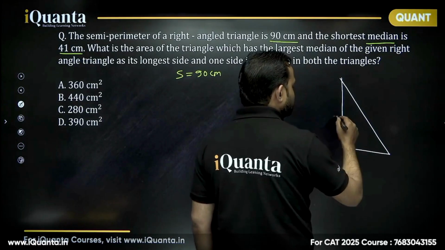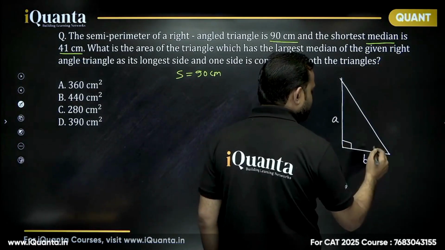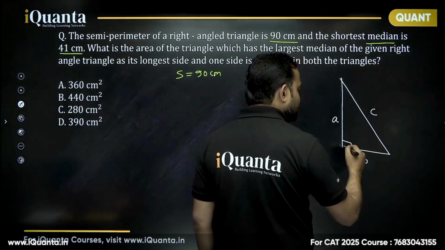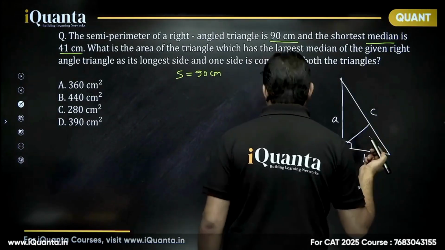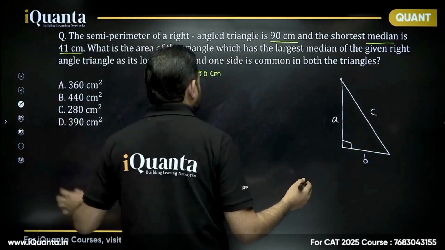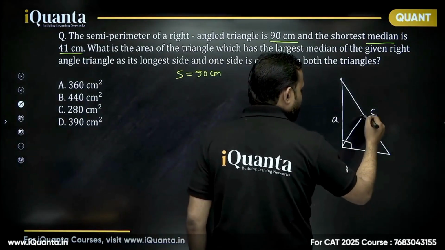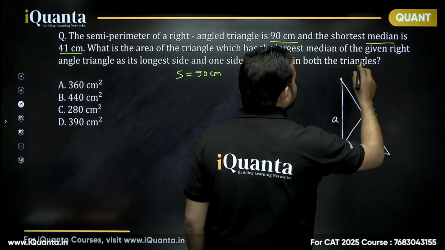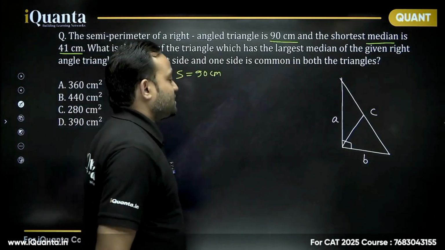This side length is A, this side length is B, and this side length is C. Then the shortest median will be on the largest side length. Now the largest side length is nothing but the hypotenuse. So it says the shortest median is 41 centimeter.